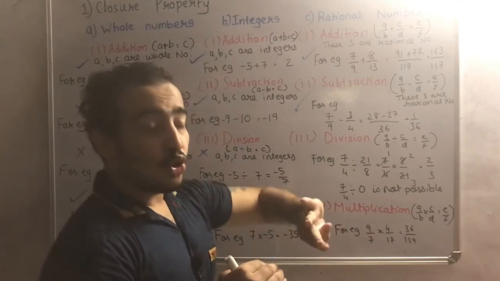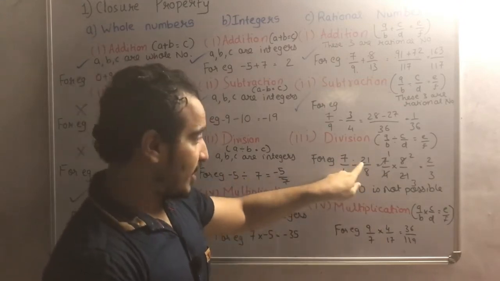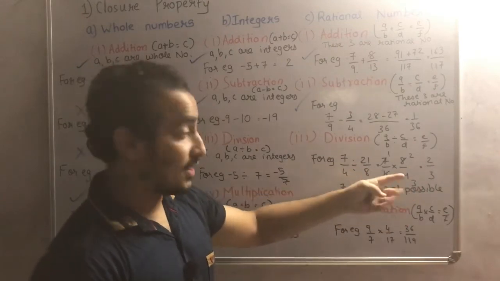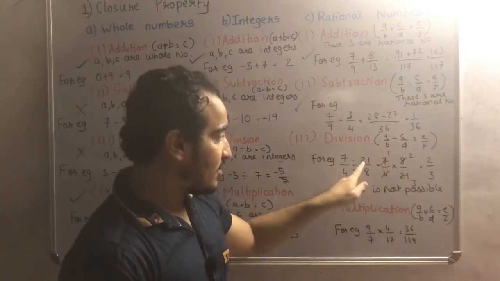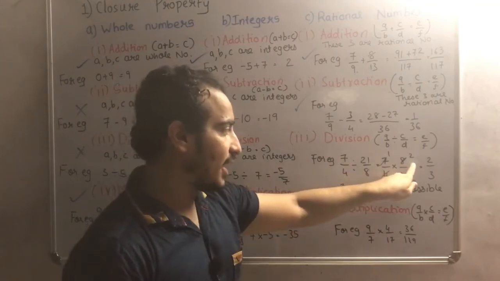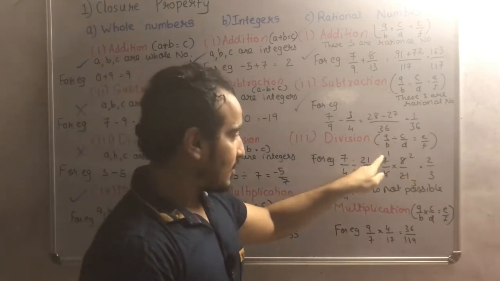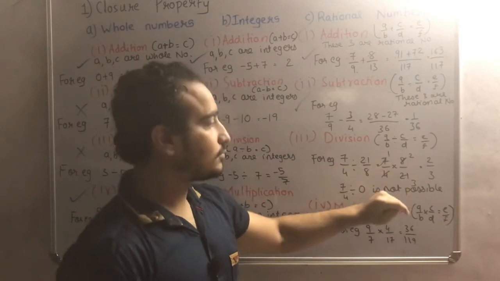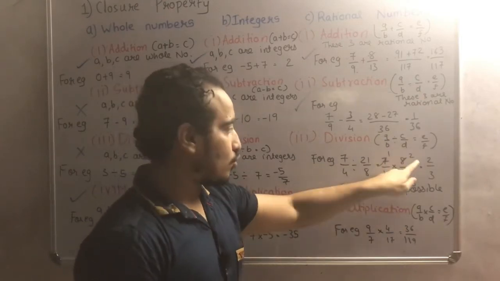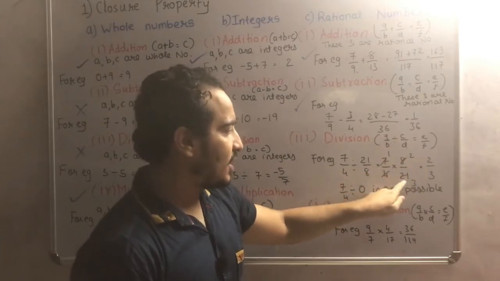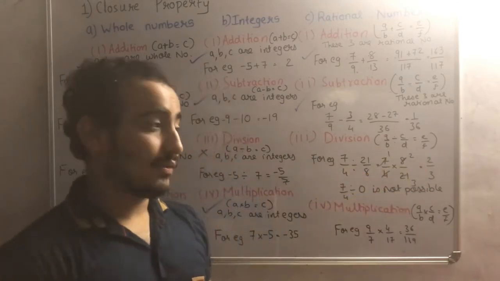Reciprocal means to flip it upside down. We have to flip 21 by 8. So it is 7 by 4 into 8 upon 21. Instead of 21 by 8, we have written 8 upon 21. 7 1s are 7, 3s are 21. 4 1s are 4, 2s are 8. So here 2 1s are 2 and 3 1s are 3. It is 2 by 3.